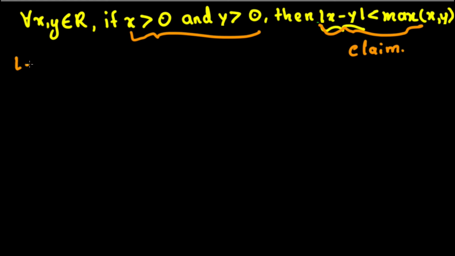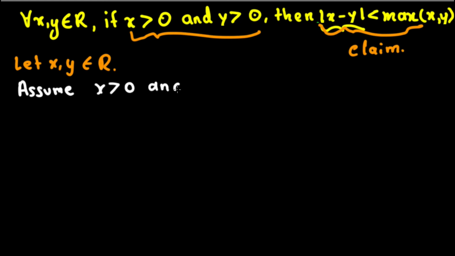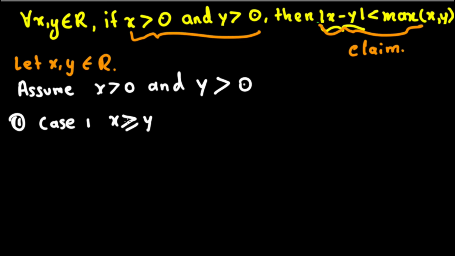First we let x, y belong to the real numbers, and we assume that x is greater than 0 and y is greater than 0. Now we have to prove this in two cases. In case one, we say x is greater than or equal to y, and in this one we know that x is the maximum.